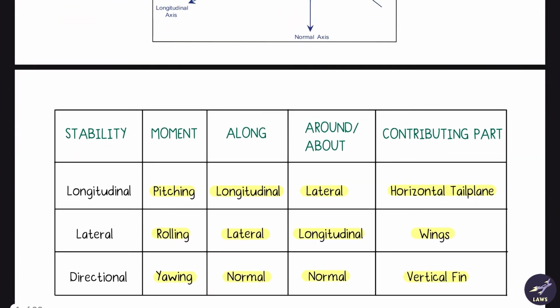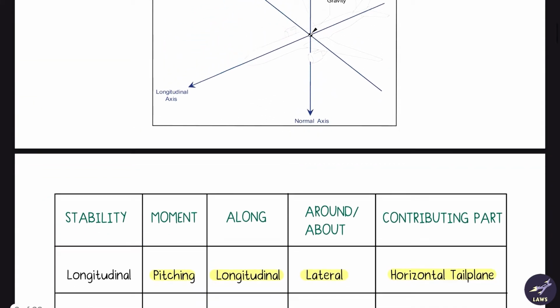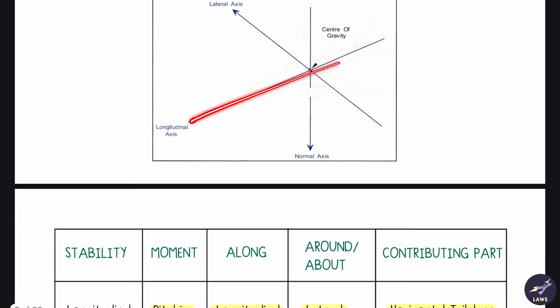So longitudinal stability, the moment along the longitudinal axis, if we see, the moment along this axis is to pitch up and down.